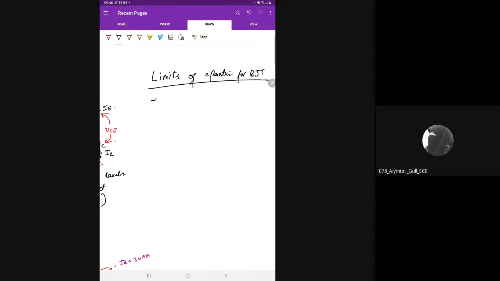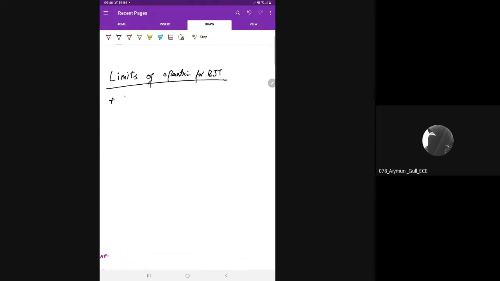Now see, you should remember I have already told it before that for each transistor there is a region of operation. तो हर किसी ट्रांजिस्टर के लिए एक region of operation होता है on the output characteristics. I said in the class that it is active region.